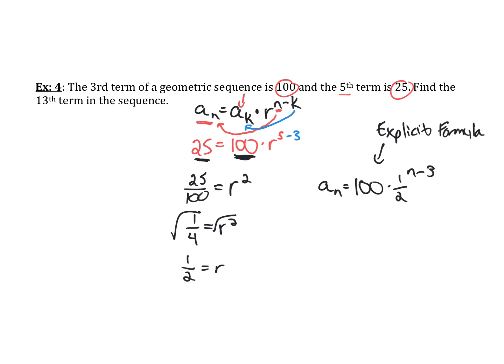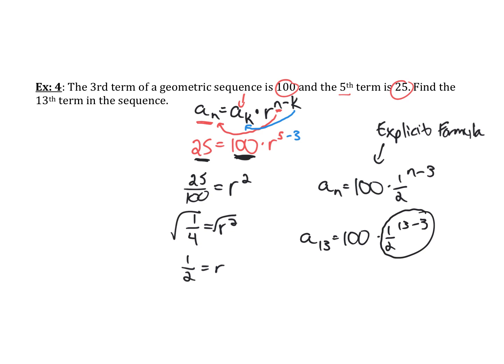Now, using my explicit formula, I can find the 13th term in the sequence. So a sub 13 equals 100 times 1/2 to the 13 minus 3. Don't forget 1/2 is just 0.5. On your calculator, order of operations would require you to do the exponent first.